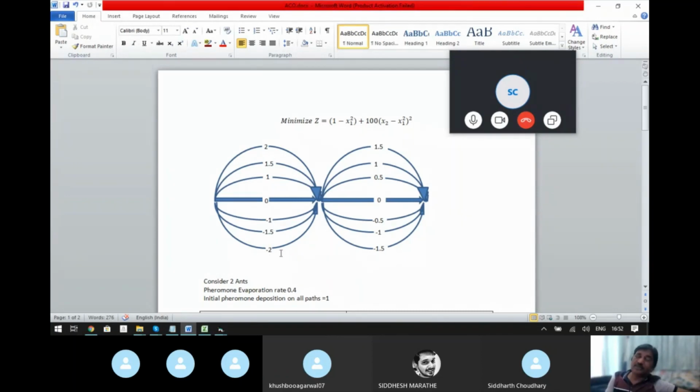These are not the lengths of arc. These are the values of x1, and these are the values of x2. And z is not directly dependent on the values of x1 and x2. It is some processing on x1 and x2, then we get the value of z. So it is not wise to find the value of eta based on the values of x1 and x2. So what we did was not to consider eta at all while we solve this problem.